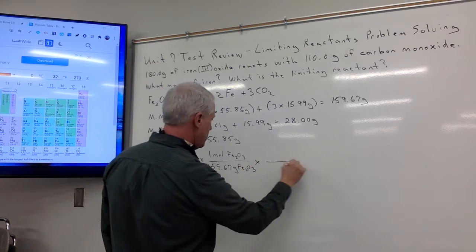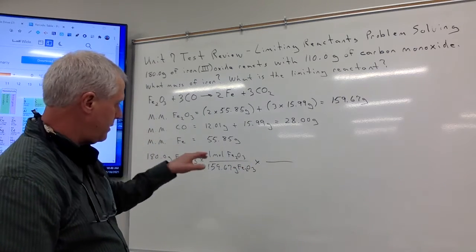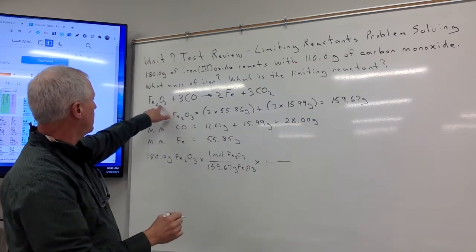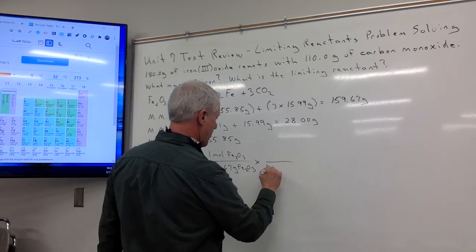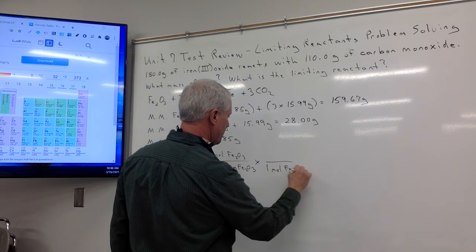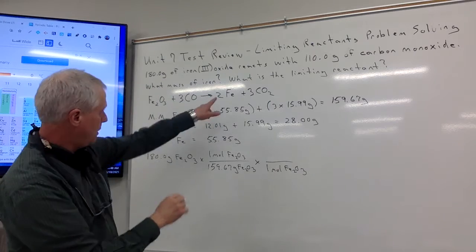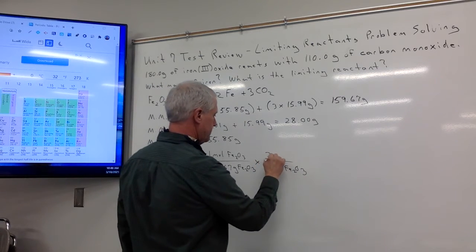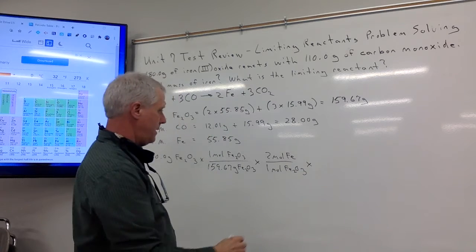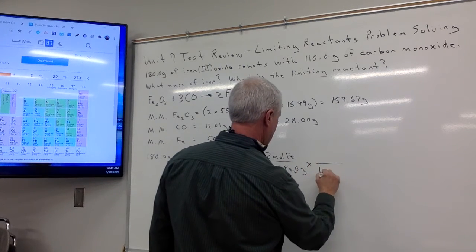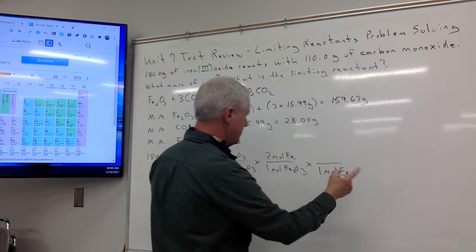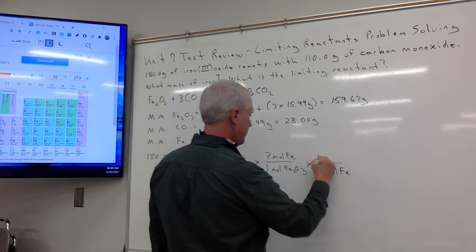We're going to do the mole ratio of the iron oxide to just plain iron. There's 1 mole of iron oxide to 2 moles of iron. Then our molar mass of iron is 55.85.